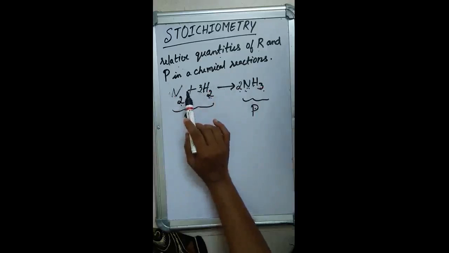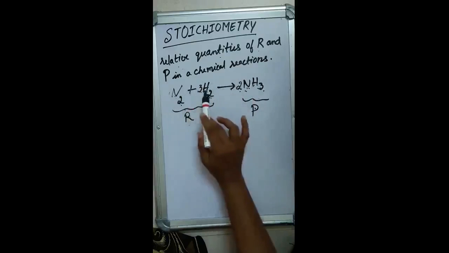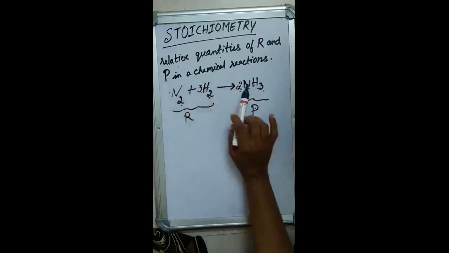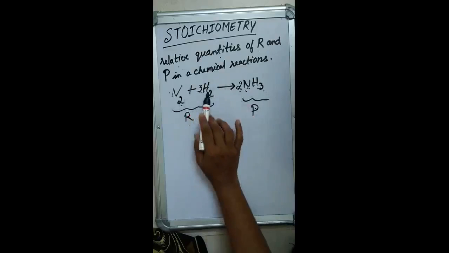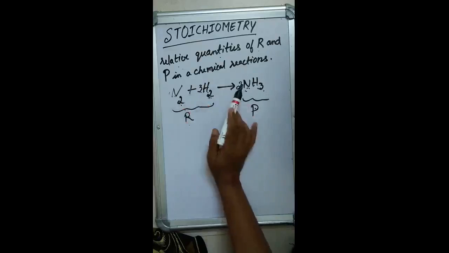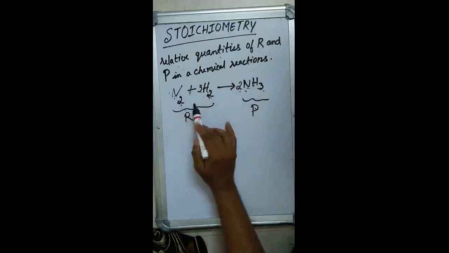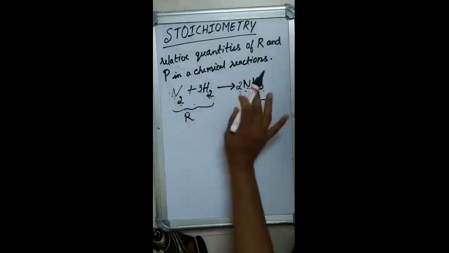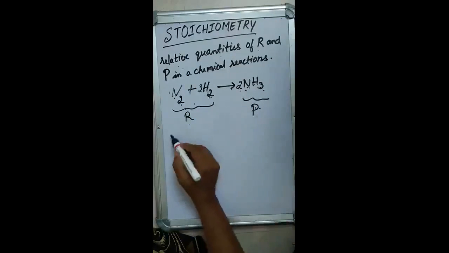So what is the meaning of a balanced chemical equation? It is nothing but the number of atoms of each element on both the sides should be equal. On both the sides means reactant as well as product should be equal. This is called a balanced chemical equation.